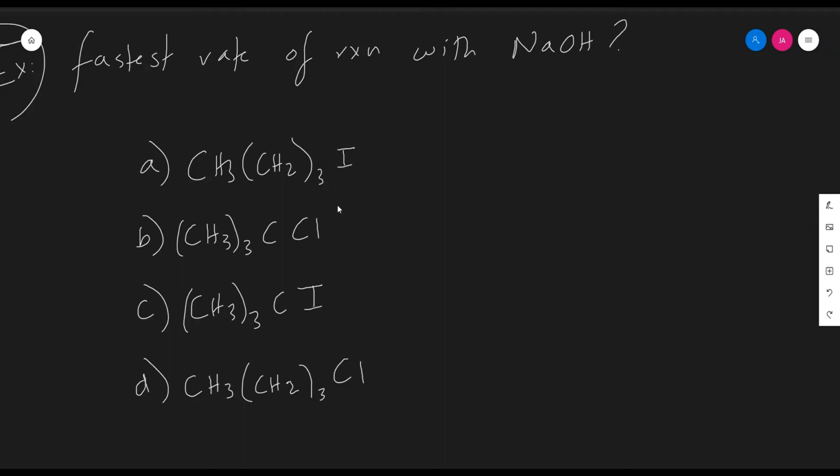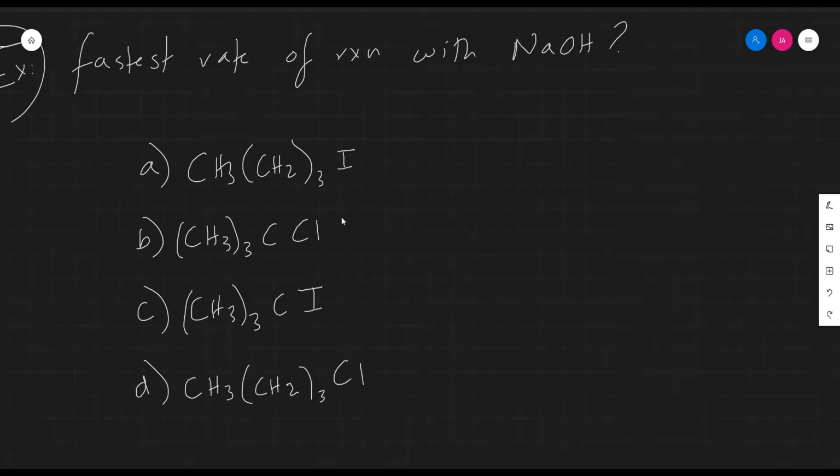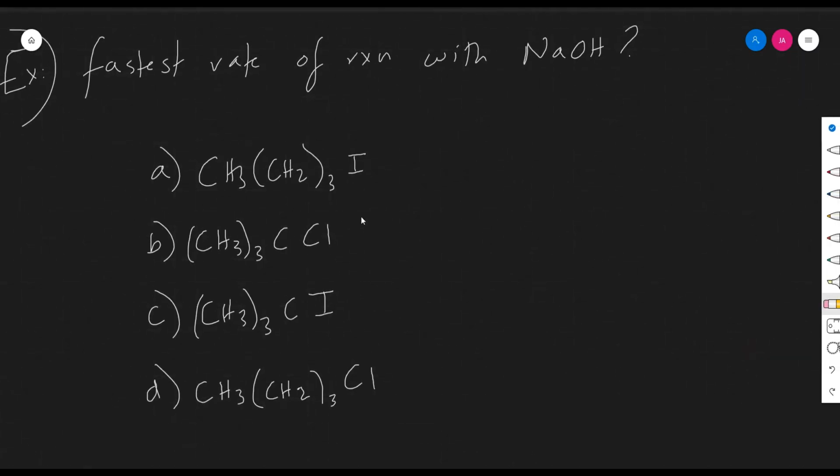As we move down group 17, the rate of nucleophilic substitution increases due to the weakening of the carbon-halogen bond strength, and thus iodine is the lowest in group 17, which allows me to eliminate the halogenoalkanes containing chlorine leaving groups.